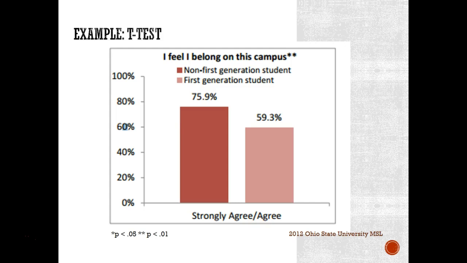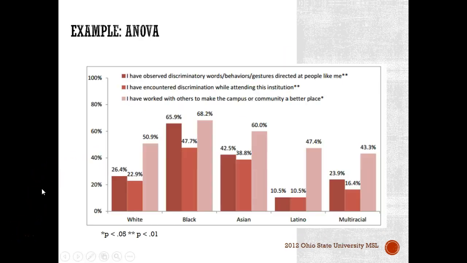So, interesting to consider. Once again, significance is just saying these things are different due to something other than chance, and the number of asterisks tells you how confident you are in that assertion. Okay, so that's an example of a t-test.